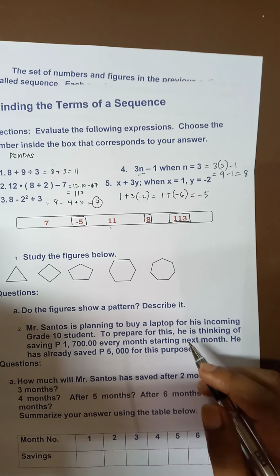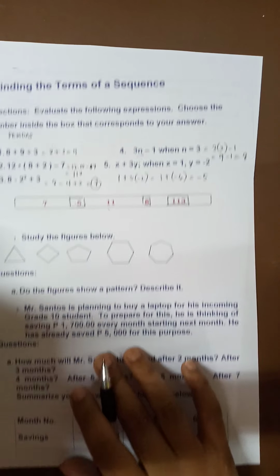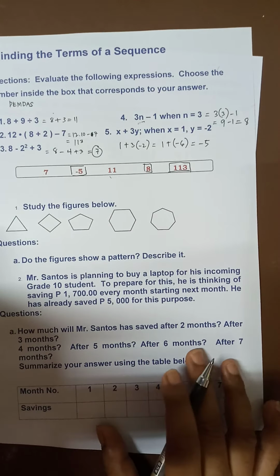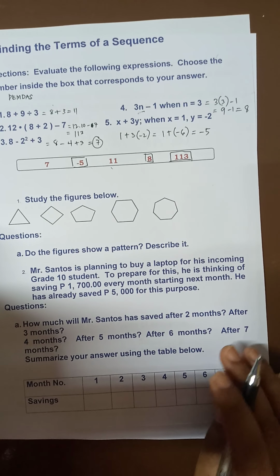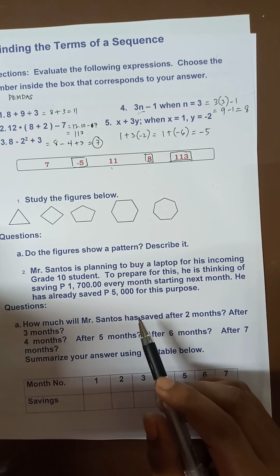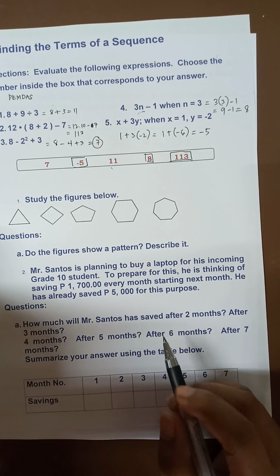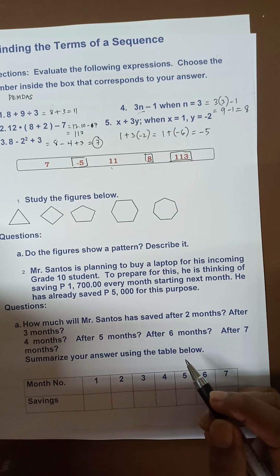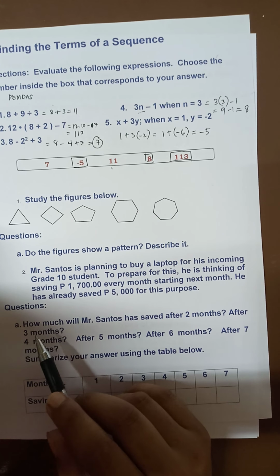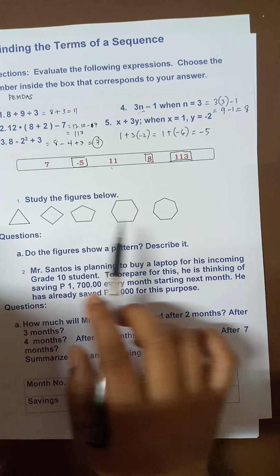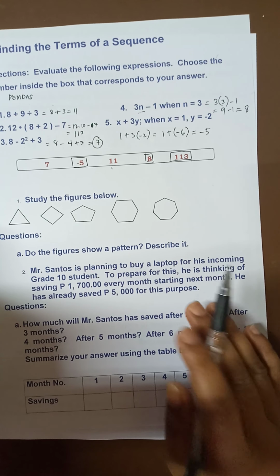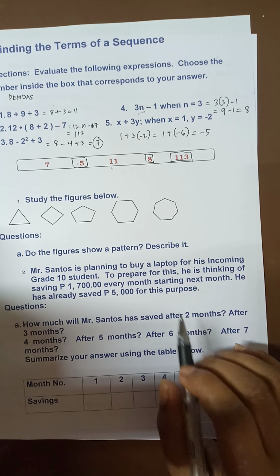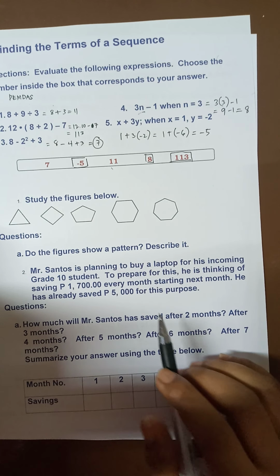Okay, for our activity number 2, study the figures below. In the first figure, you can see a triangle. There are 5 shapes, or what we call polygons.